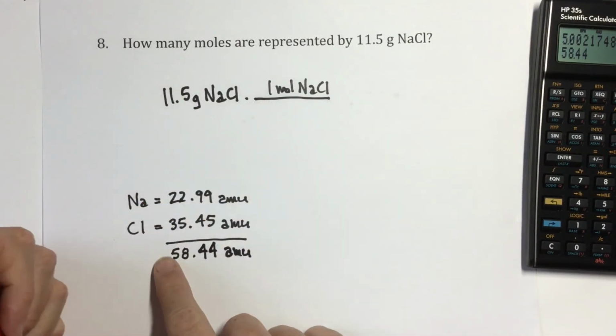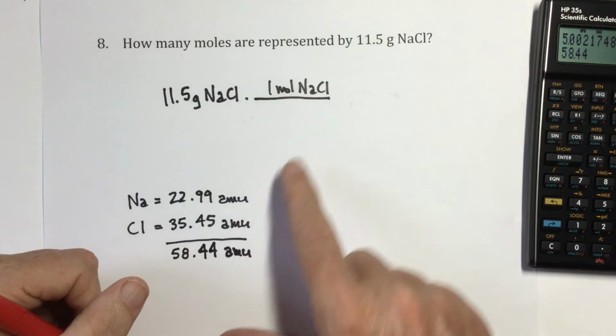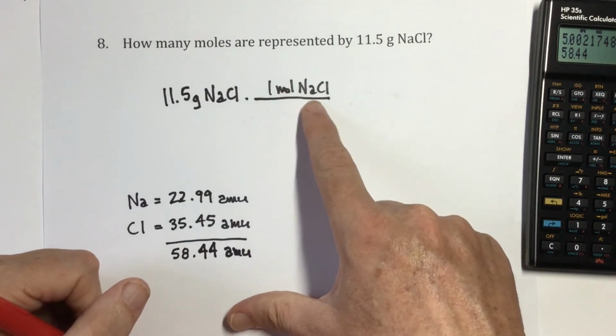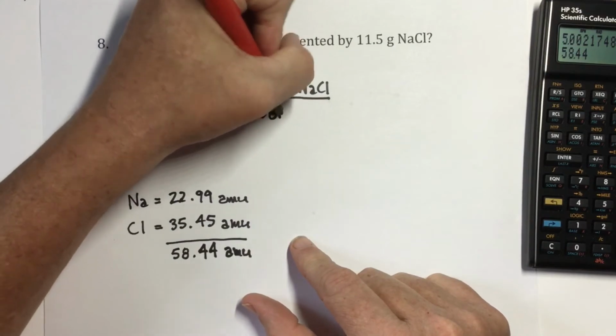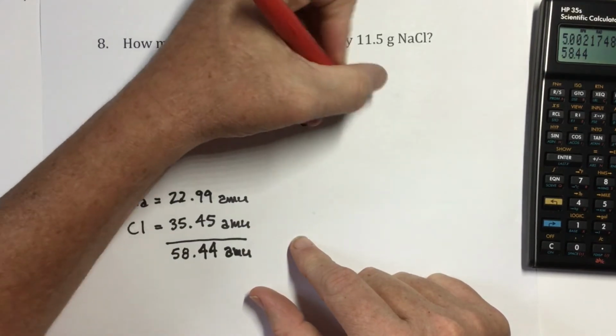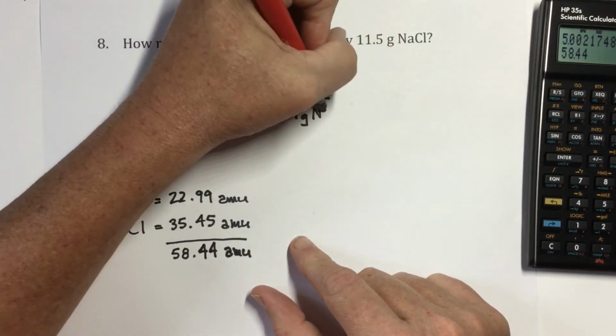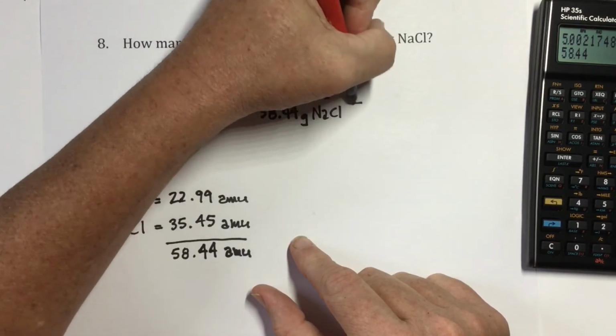So this is the atomic mass of sodium chloride. So I know that 1 mole of sodium chloride should equal its atomic mass in grams. So this is going to be 58.44 grams of sodium chloride.